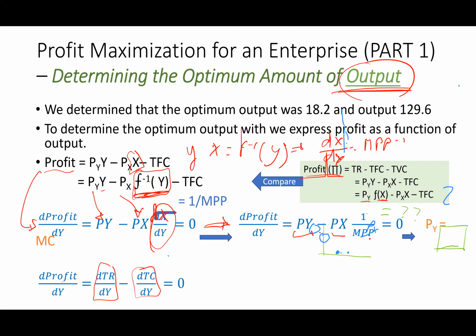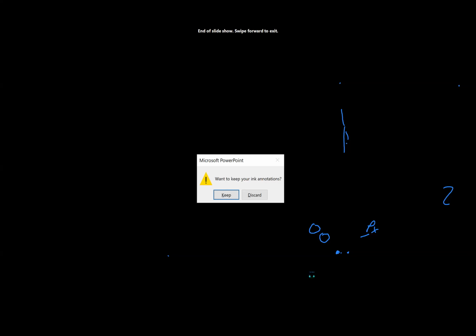This function gives py equals px times 1 over the marginal physical product.